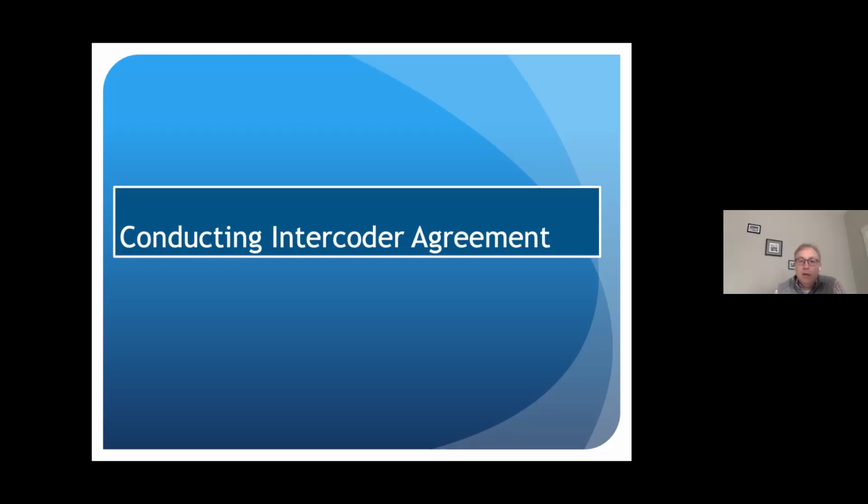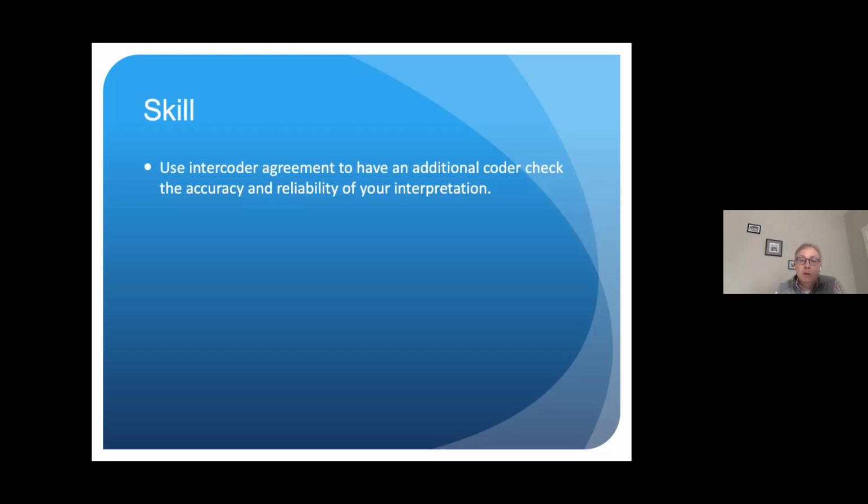All right. So just a couple of thoughts on that process for any time that you have a team that's coding. In qualitative research, this is usually referred to as intercoder agreement. From a quantitative side, the corollary would be inter-rater reliability, but we usually use the term intercoder agreement in qualitative research.